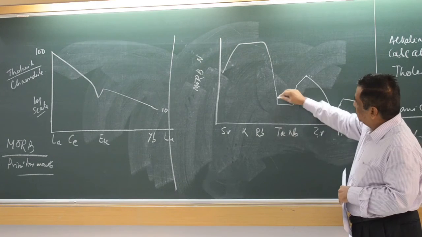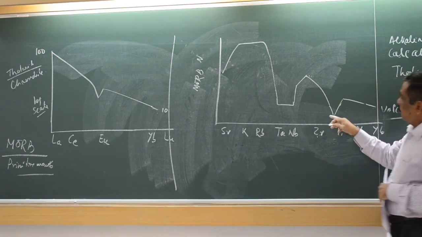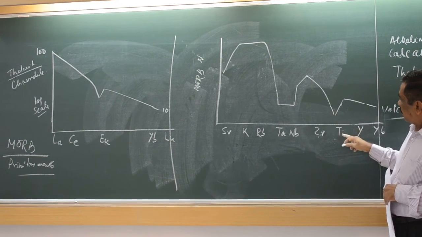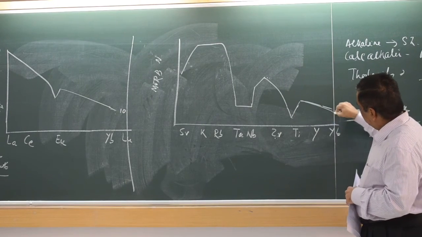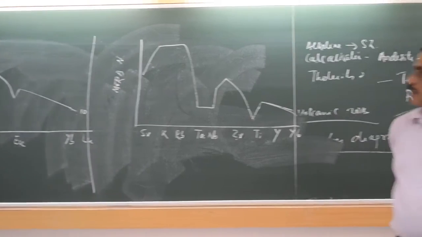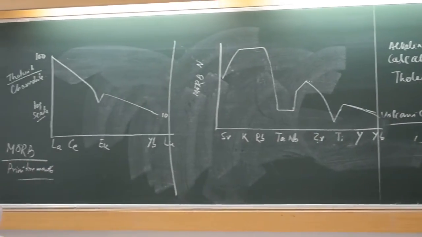Over Ta and Nb, you make a depression. Similarly, over zircon, you make a rise. Over titanium, you make a fall. And then a gradual fall. You draw now.